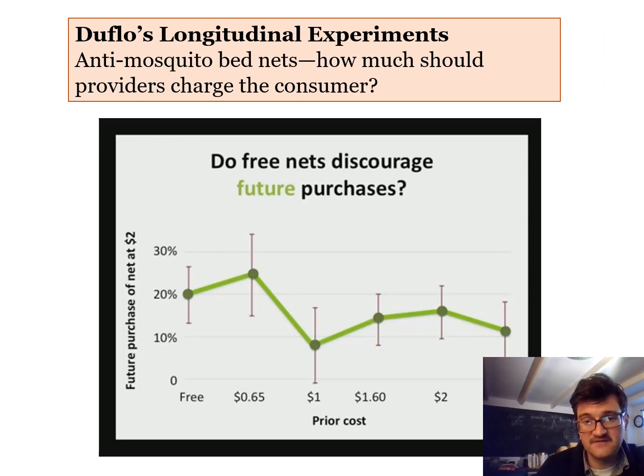Do free mosquito nets discourage future purchases? When they're free, about 20% of people will later, after that one wears out, purchase another net at $2. When the initial net is provided at 65 cents, around 24% will repurchase, whereas once we start to charge a reasonable amount, this actually goes down.